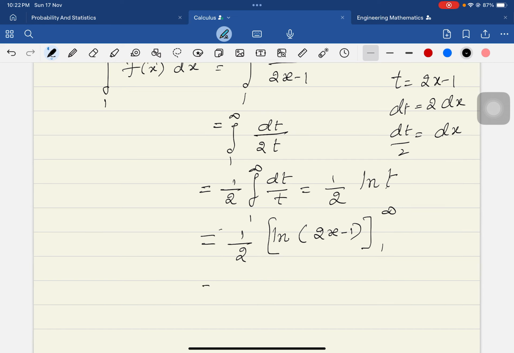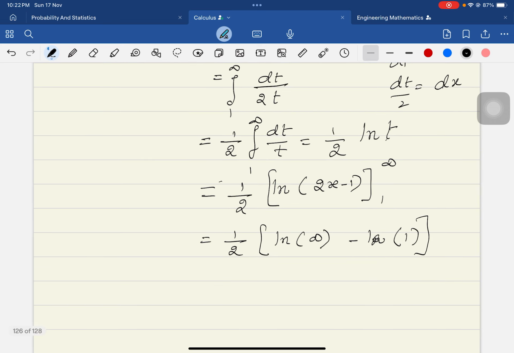Now ln of 2 times infinity minus 1 is ln of infinity, minus ln of 2 times 1 minus 1, that is ln of 1, which is 0. Ln 1 is of course 0, but ln of infinity is always infinity, and therefore this is an infinite value.